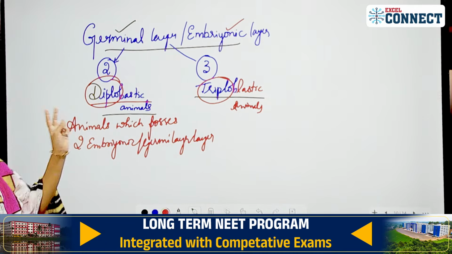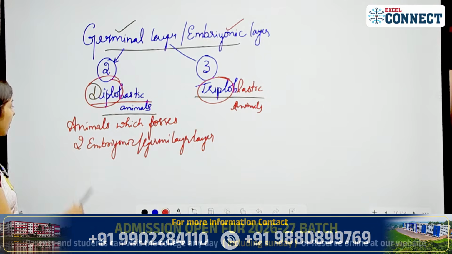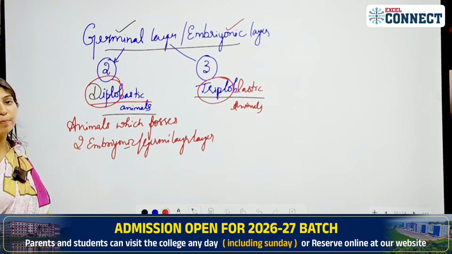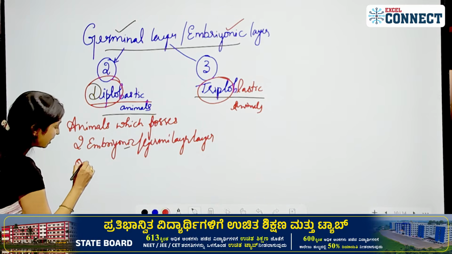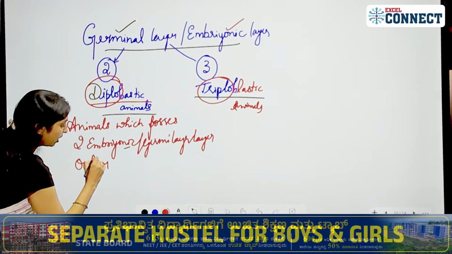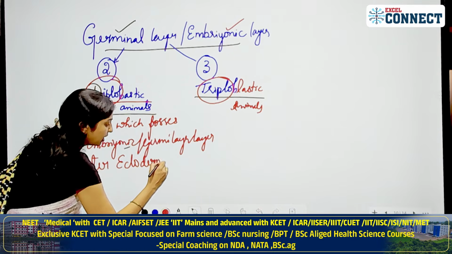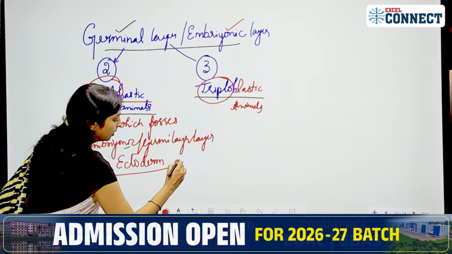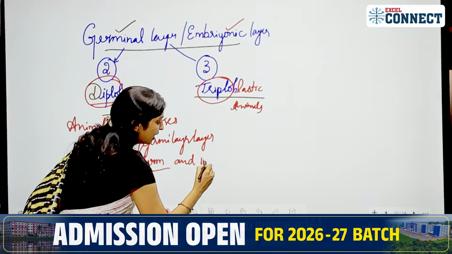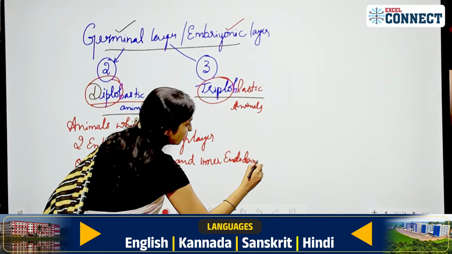Now you know diploblastic has 2 layers and triploblastic has 3 layers. So here, in animals which possess the 2 embryonic or germinal layers, the outer layer is called ectoderm. What is it called? The outer layer is called ectoderm and the inner endoderm. So which are the 2 layers?